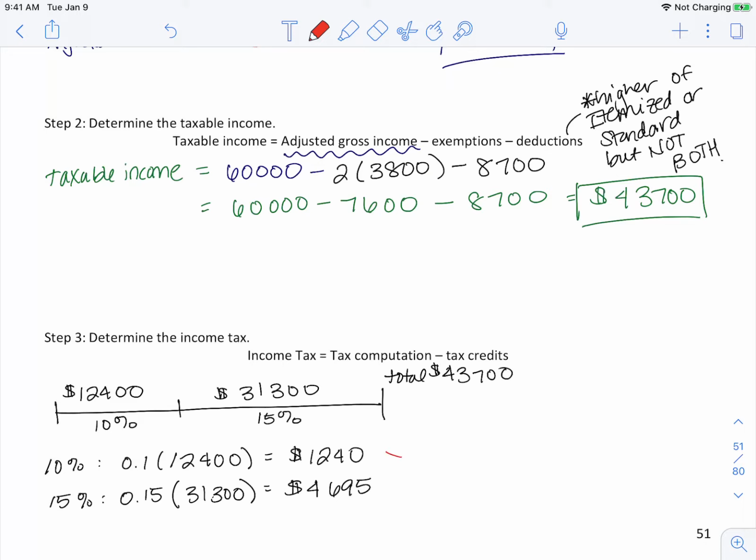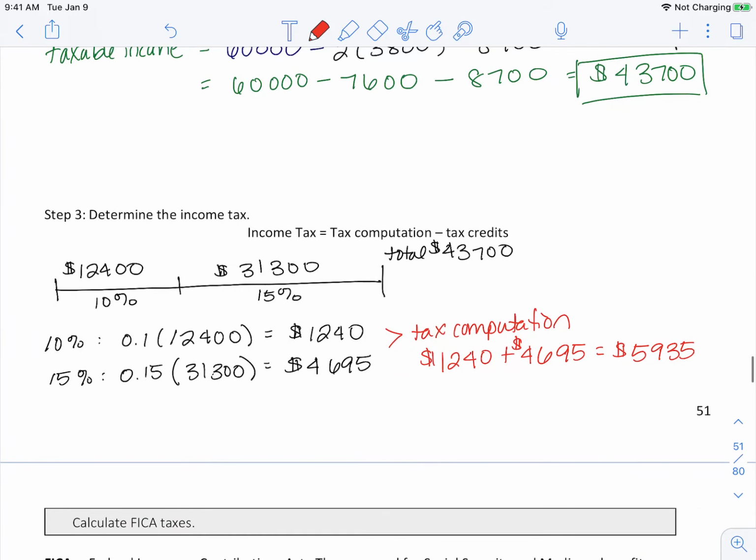So these two amounts together, this is our tax computation. $1,240 plus $4,695 equals $5,935.